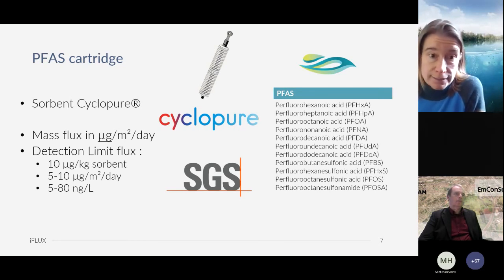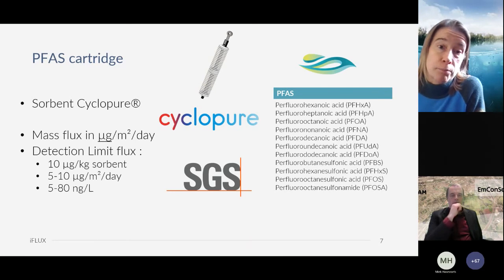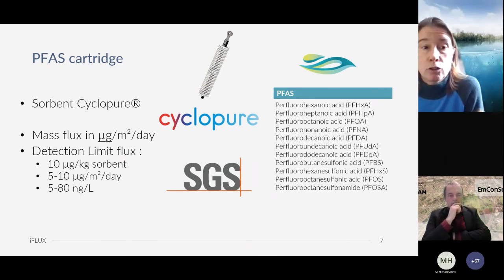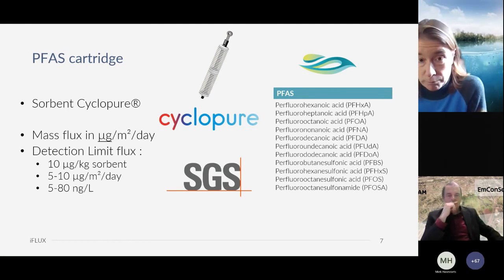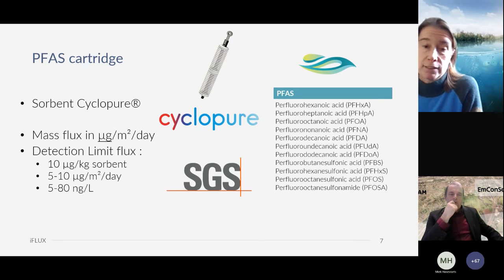For our cartridge system, we have validated 11 components of PFAS, and the validation process is done by our partner SGS. That means we can measure and report these 11 parameters quantitatively.